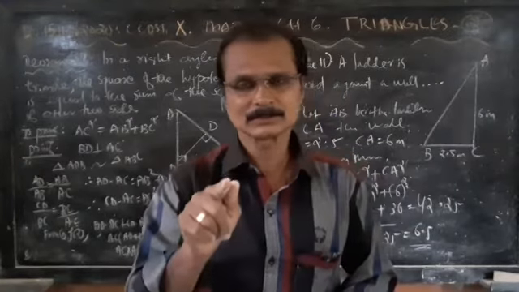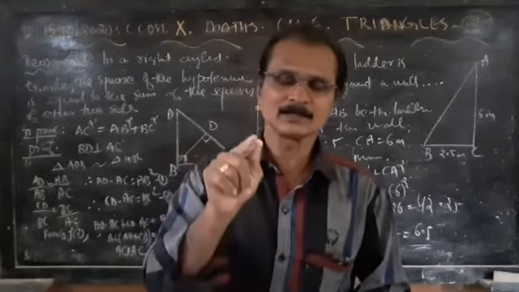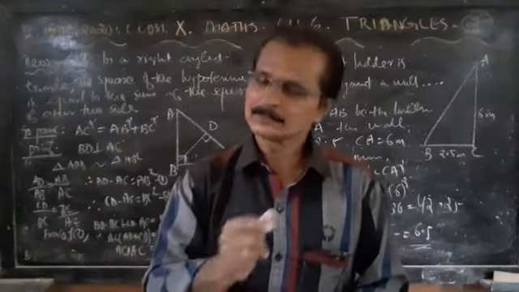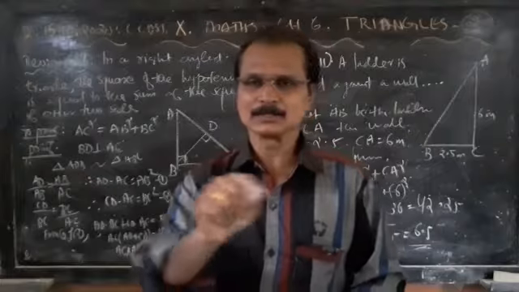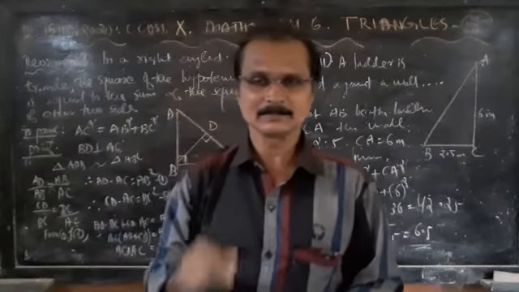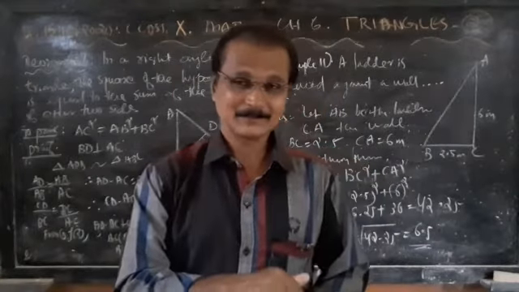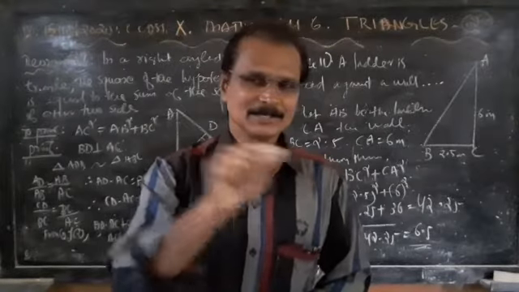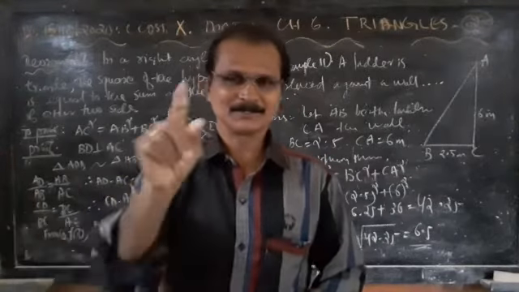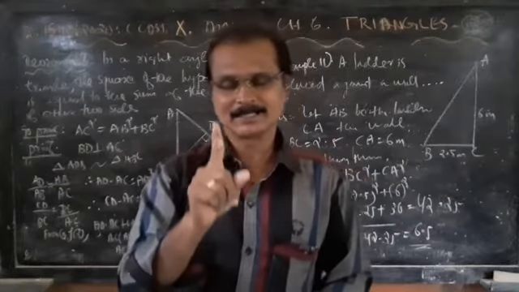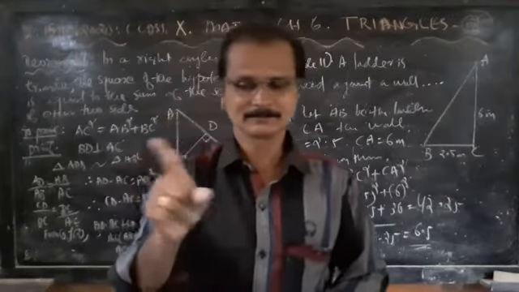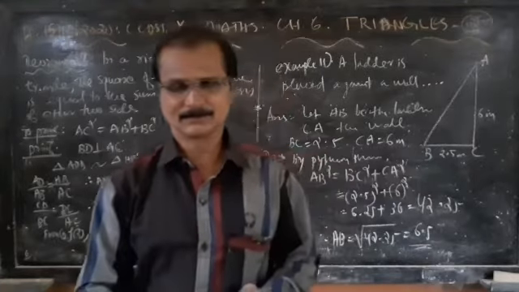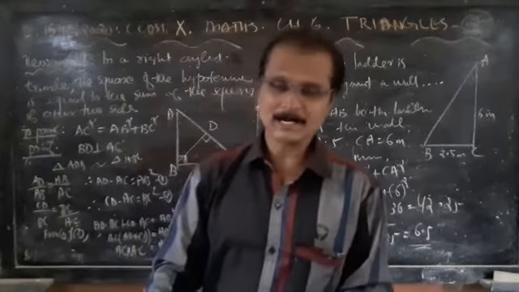So you need to learn the statement; it is compulsory. For some theorems you get the statement in the question, prove that, but for this one the special name is given, Pythagoras theorem. They will ask, state and prove Pythagoras theorem. You won't get the statement in the question paper, so read and memorize the statement.